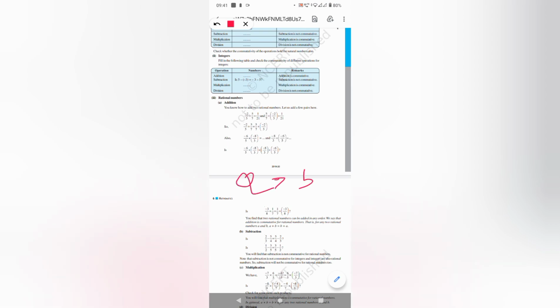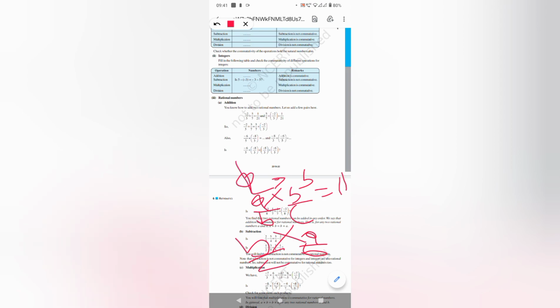Suppose a and b, when we do a by b into b upon c, it gives the same result. So we can just do b upon c into a upon b.